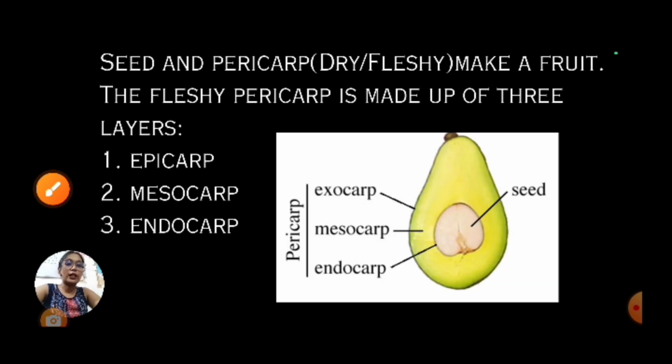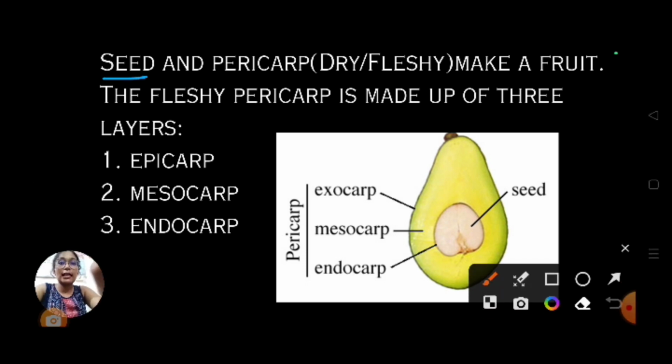Moving on to the next topic, seeds and pericarp. We have seeds, which develop from the ovules, and there is the pericarp, which can be dry or fleshy and makes up the fruit.